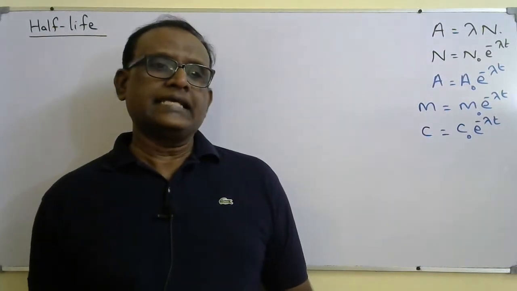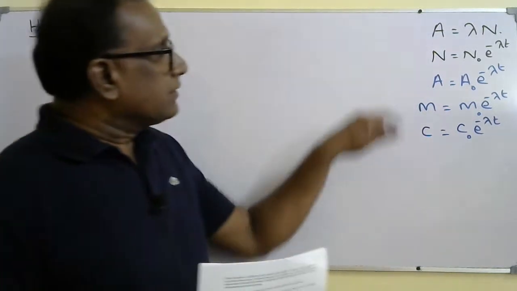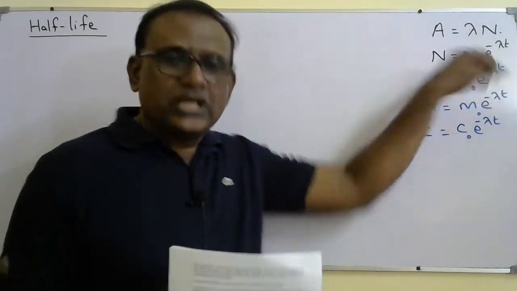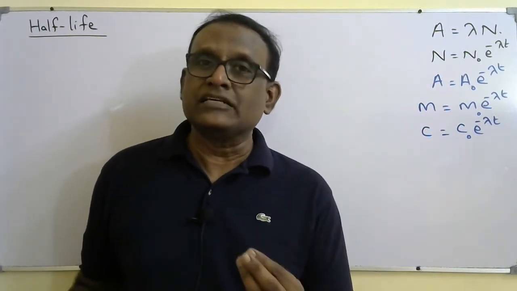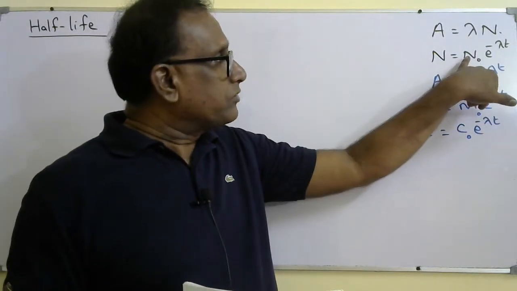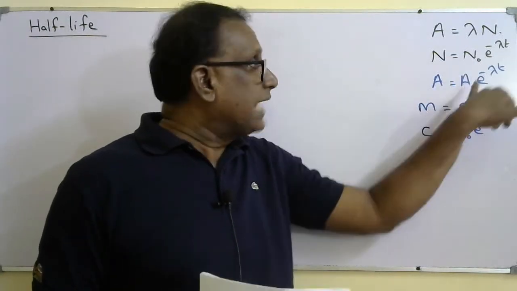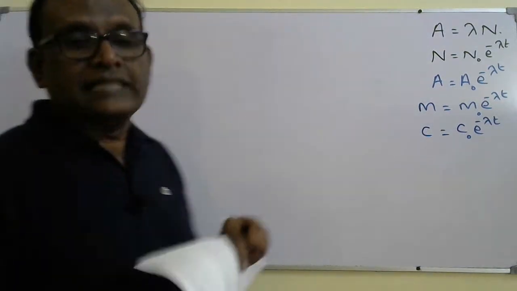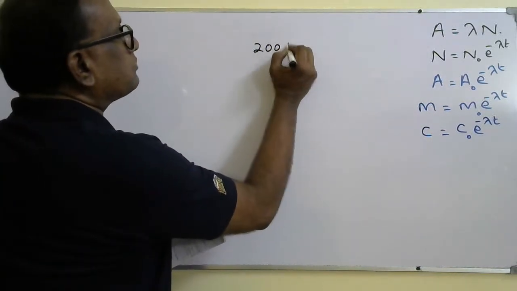Okay, so next thing is half-life. Half-life means, at a particular instant, the activity or the number of radionuclei present has a value n naught. We call it initially, the same thing we take in mechanics unit 1. Initially means at time t equals 0 mathematically. So initially t equals 0, the number of radionuclei present in the sample is n naught, or the activity is A naught. Say for example, imagine activity and count rate are the same, and the activity is 200 Bq.